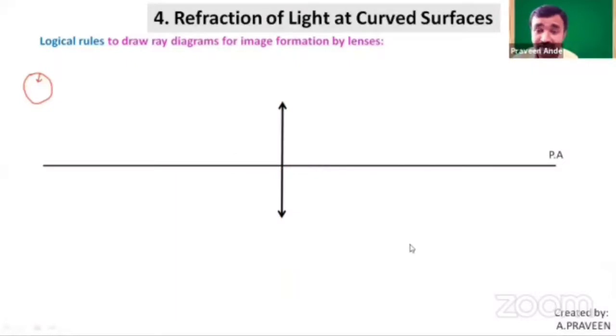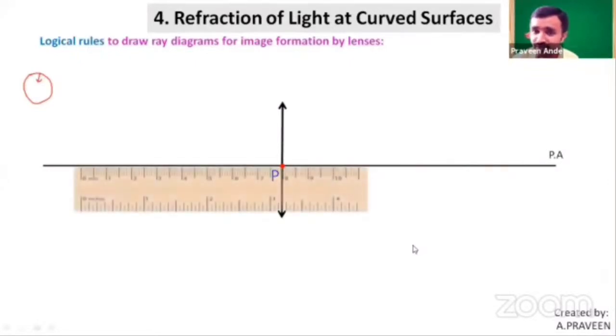Then remove your scale. Identify the pole here. Pole identified. Next, identify the centers of curvature as you see here. I am following the rule r equal to 2f, double the focus. Right? So the focus lies exactly between the pole and the center of curvature.